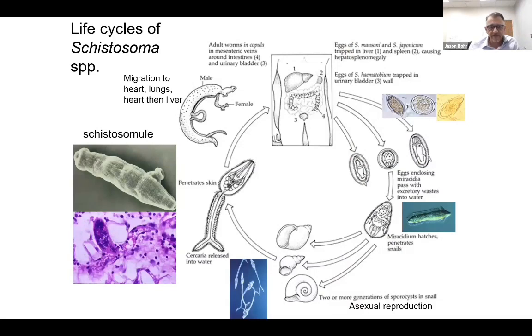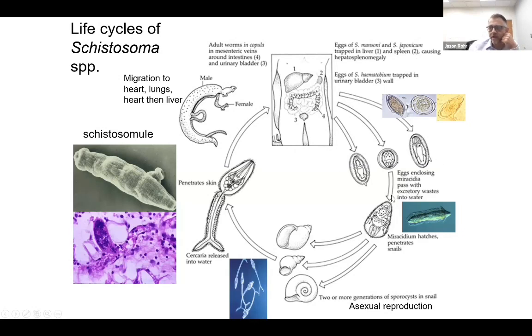So this is the general life cycle of human schistosomes. So they reproduce sexually in the human host. Then those eggs that are released from the female will enter the environment through either feces for Schistosoma mansoni and japonicum, or urine for Schistosoma hematobium.